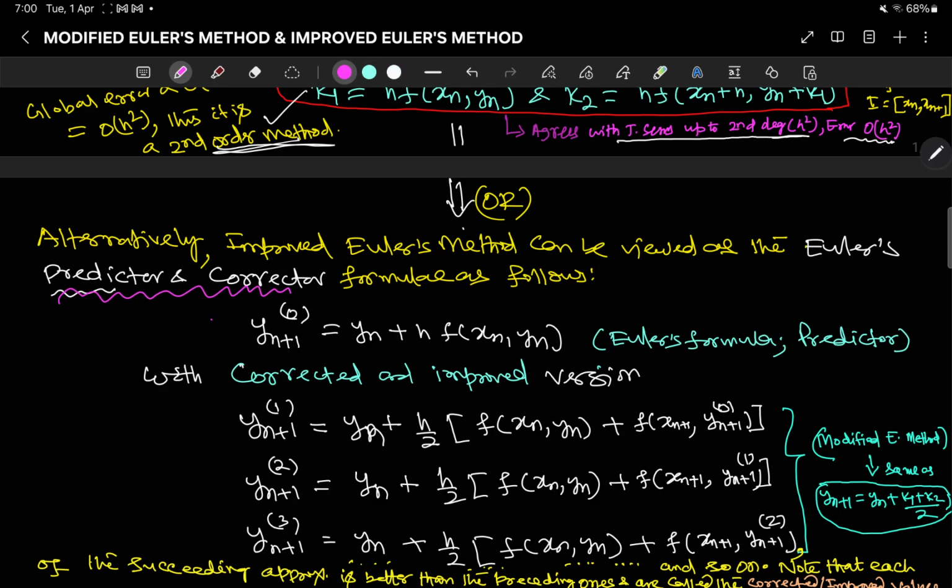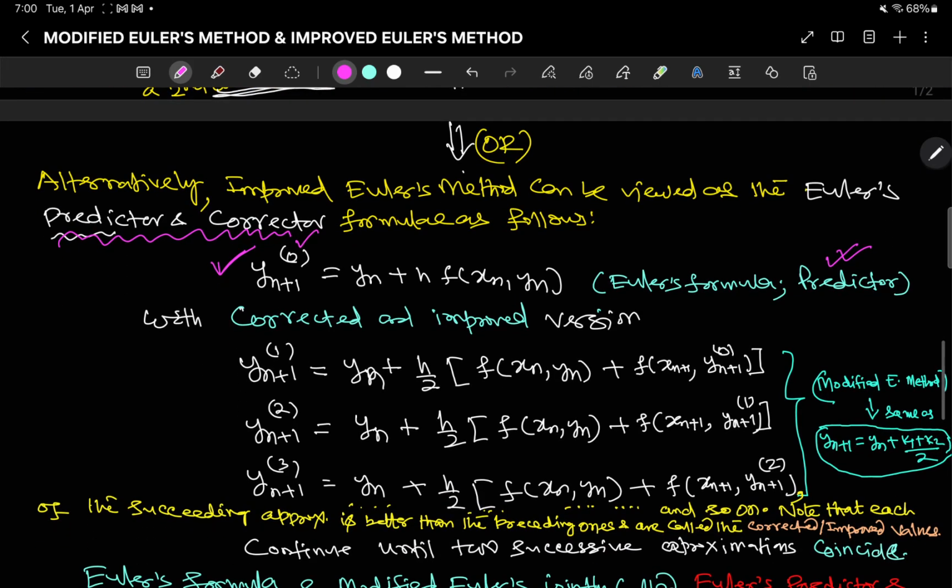That means first we use Euler's formula. Euler's formula is yn plus 1 is yn plus h f xn yn. Initially, at the 0th step, we have my Euler's formula. I call it the predictor. I predict it. Now I improve it.